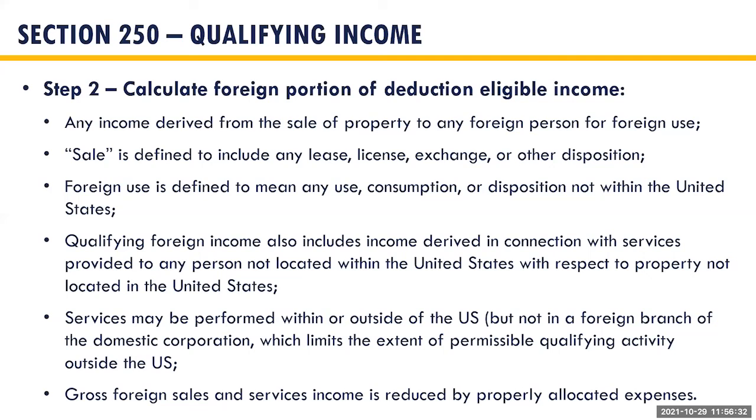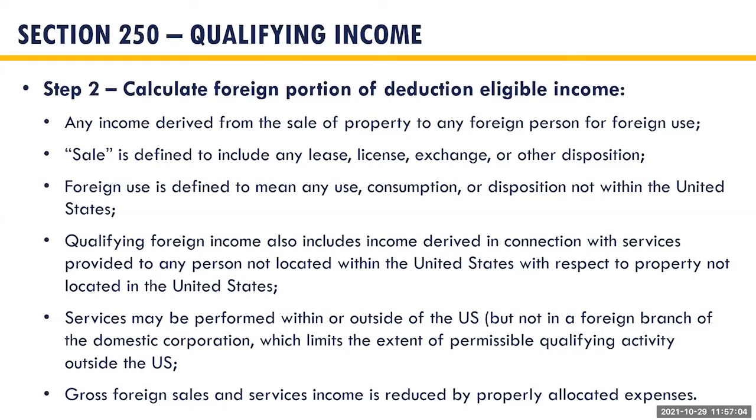Lastly, the gross foreign sales and services income is reduced by properly allocated expenses, and that works on a broadly international tax basis of determining what portion of sales you have and what expenses are allocable towards those sales. In some instances, it'll be clear that those expenses are allocable just towards the U.S. sales, and in some it'll be clear that they're allocable just towards the foreign sales.